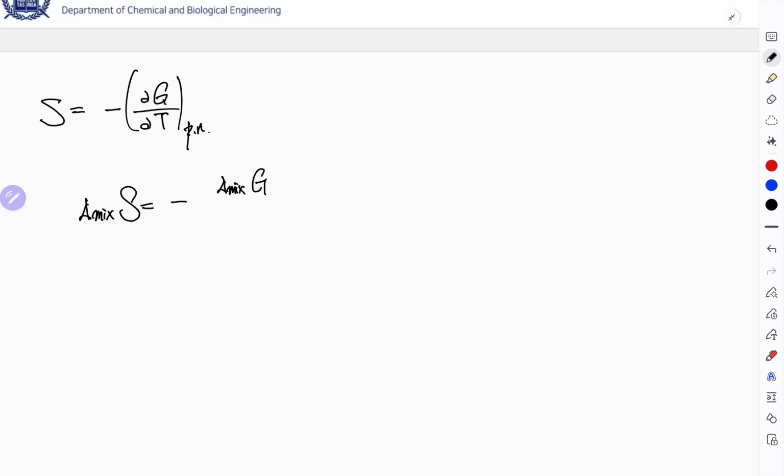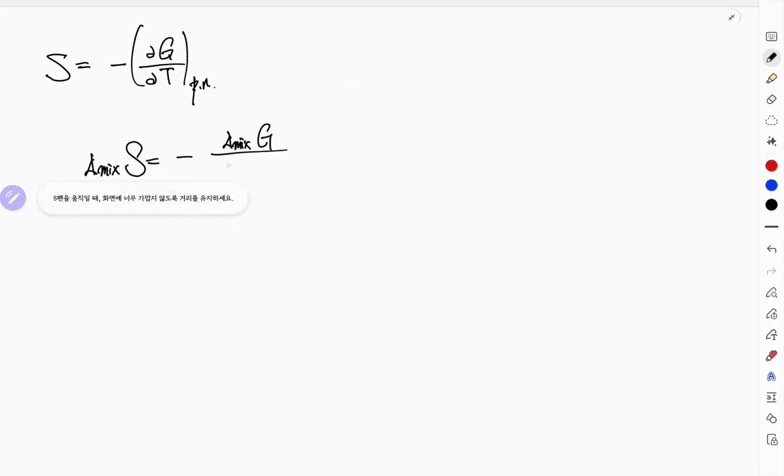So we just differentiate the function over T, then it becomes minus nR (xA ln xA plus xB ln xB).